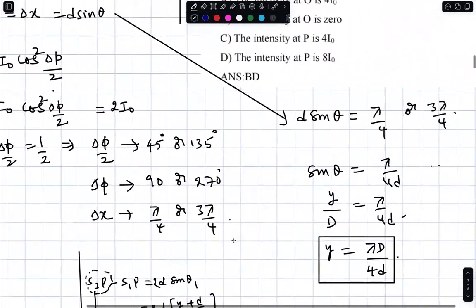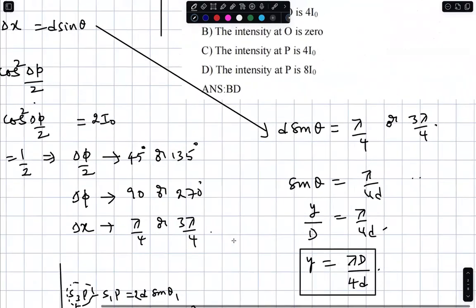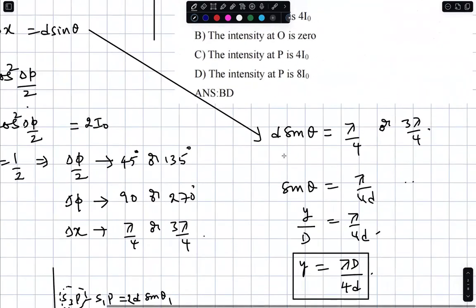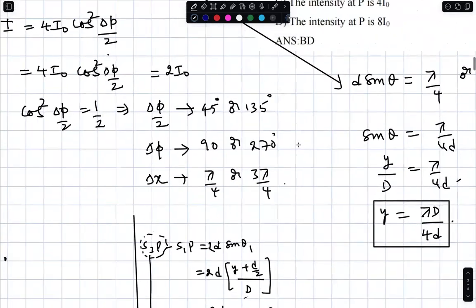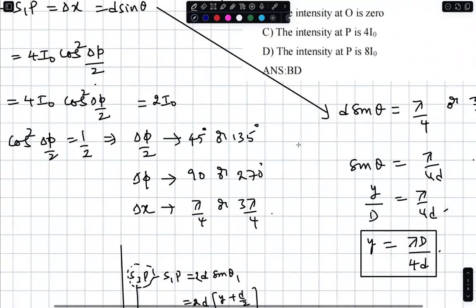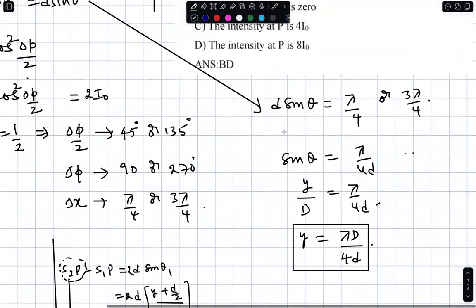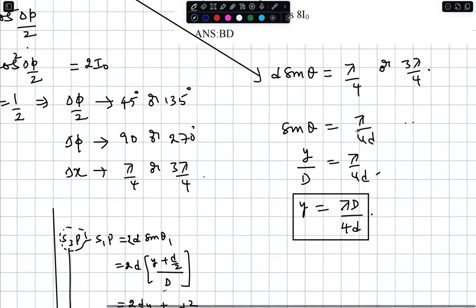Remember, at a later stage, I got the path difference from this. You got sine theta as lambda by 4. Now you take again this part.